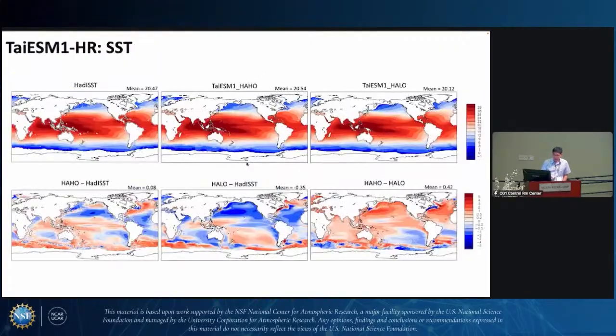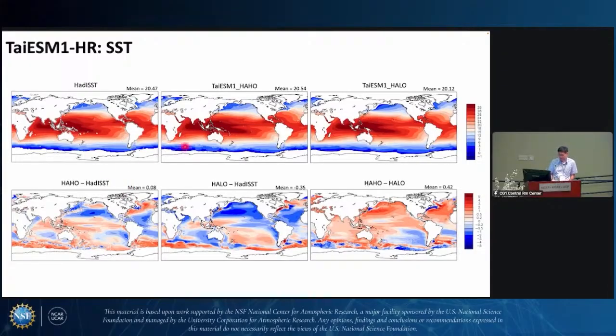First of all, we'd like to see the SST deviation from observation. So this is observation, Hadley SST, and also the high resolution HALO and HighResMIP runs.